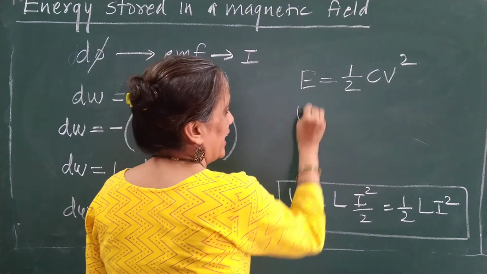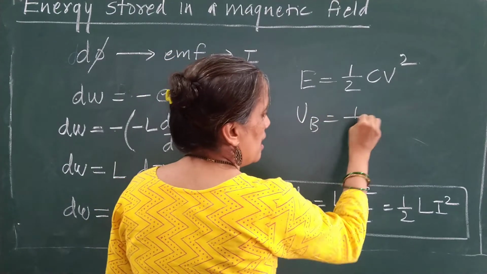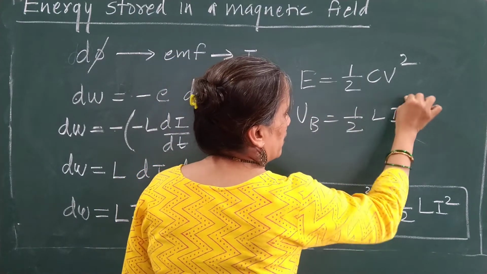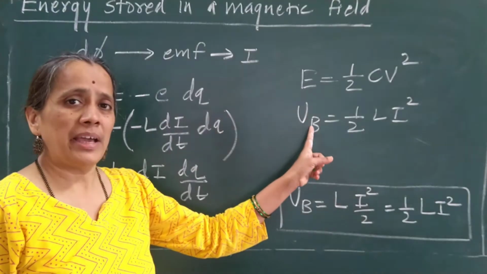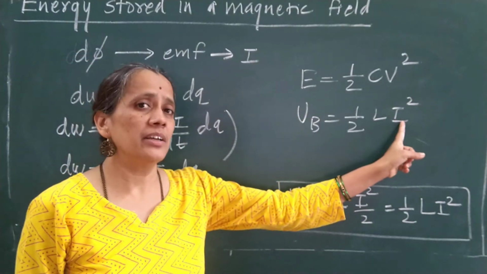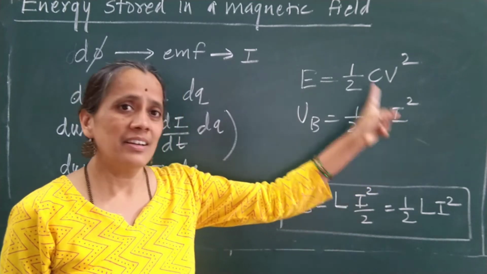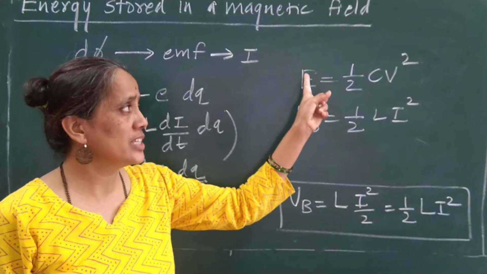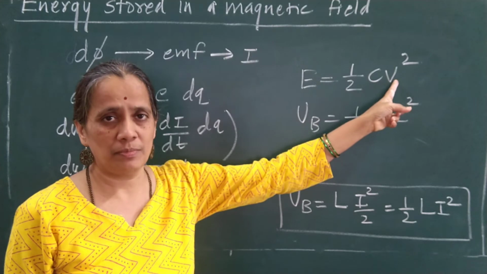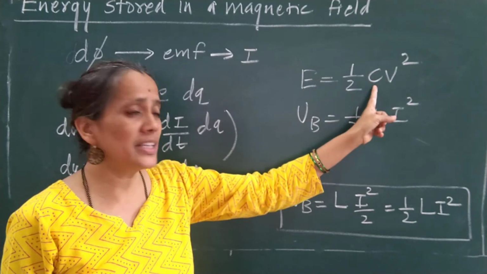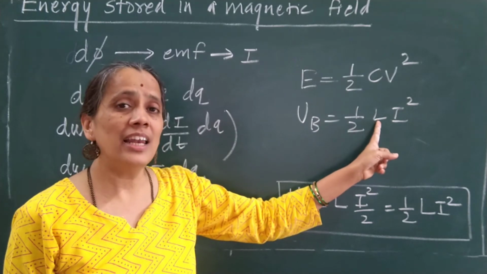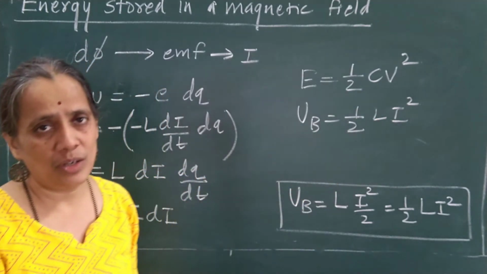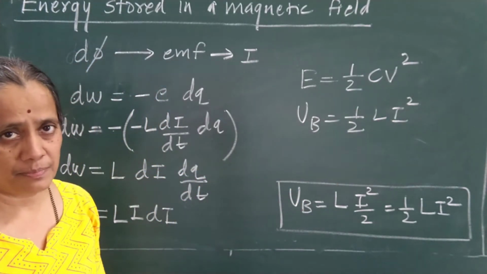And magnetic energy is nothing but half L i square. So see this equivalence. In the magnetic case, EMF is generated due to current. In electrostatics, energy is stored due to voltage. In a capacitor, C is the constant, that is capacitance. And in an inductor, L is nothing but the self-inductance. So this is the equivalence.